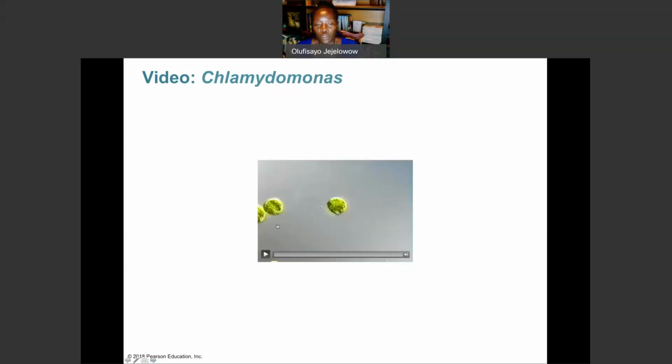This is flagellum movement in Chlamydomonas. See the undulating motion. This is the flagellum.